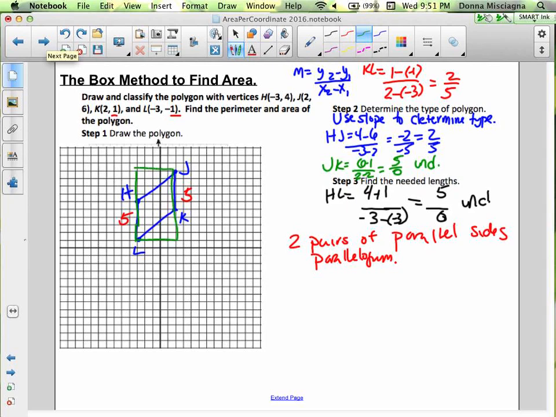So to find the area of a polygon there, see, area of the rectangle minus the area of the triangle.